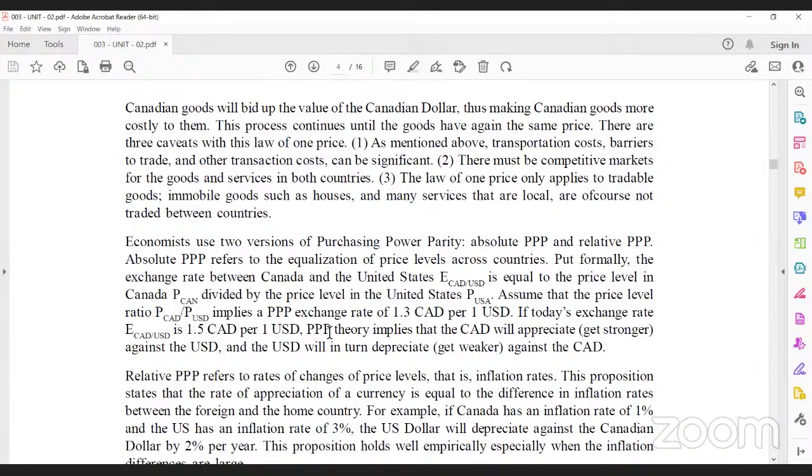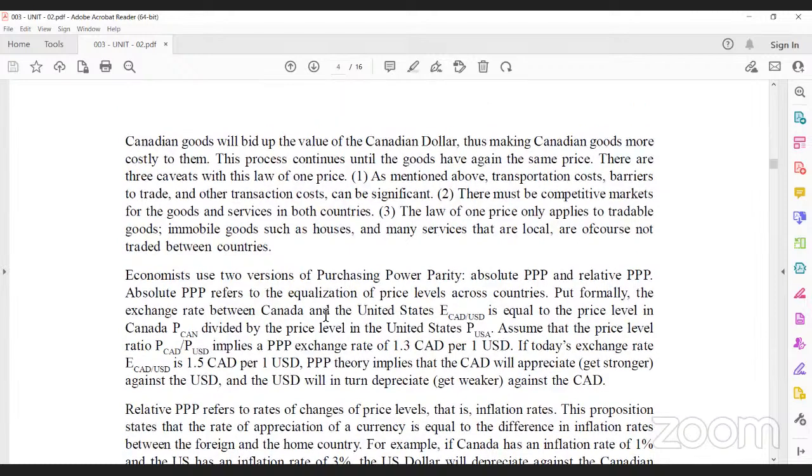And the law of one price only applies to tradable goods. Immobile goods such as houses, or any services which are available locally, cannot be traded. Only movable goods can be traded, and their prices can be converted, and we can value the purchasing power.